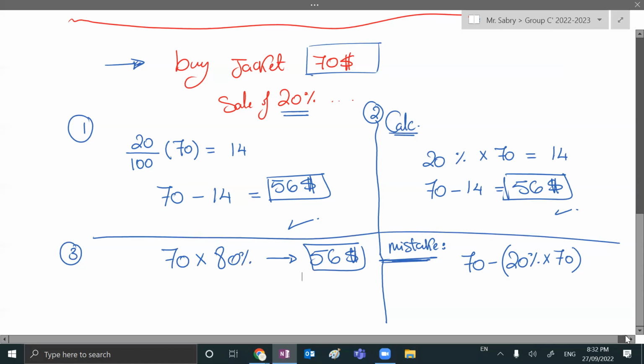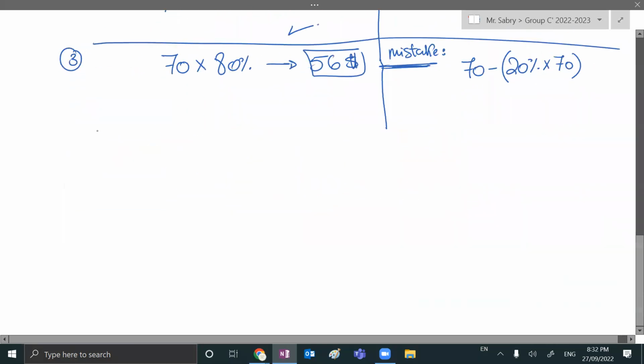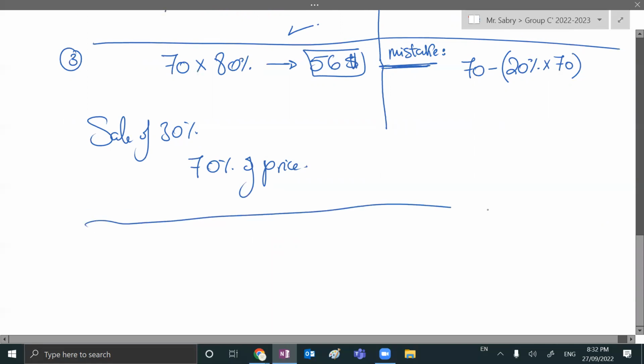So in another case, if there's a sale of 30%, that means that the amount that I'm going to pay is 70% of whatever the price is. So just do that right away to make things faster. That's one point that I wanted to highlight.